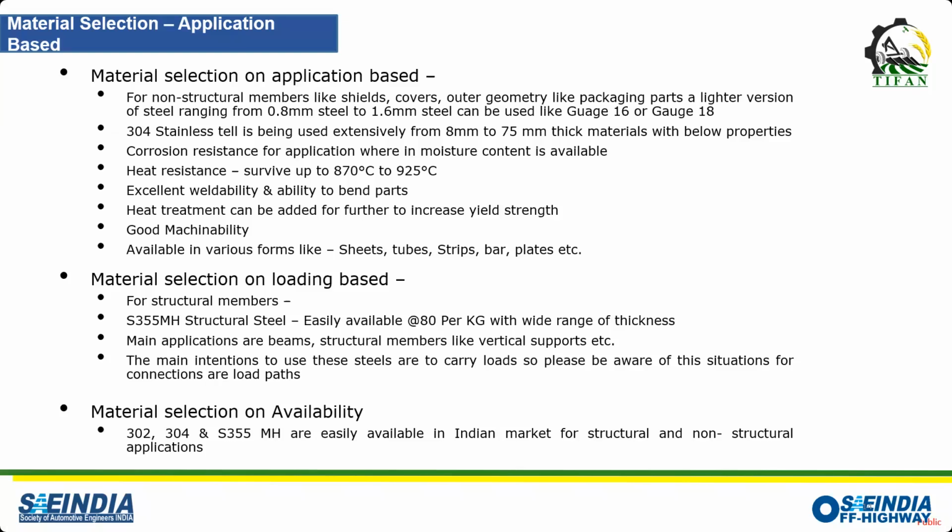For the structural members, S355 is extensively used, which is easily available at a rate of 80 rupees per kg, and it is available in a wide range of thickness as well. We have to use it for structural purposes, like vertical supports and beams.